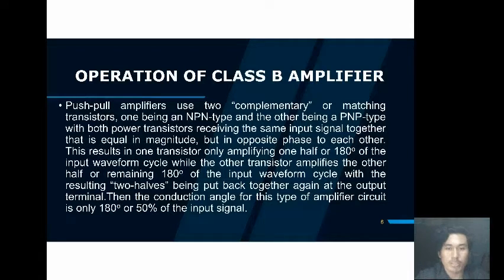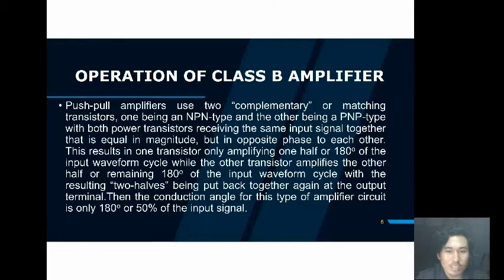Next is the operation of the class B amplifier. The class B amplifier uses two complementary or matching transistors, one being NPN type and the other PNP type, with both power transistors receiving equal input signal of equal magnitude but in opposite phase to each other.